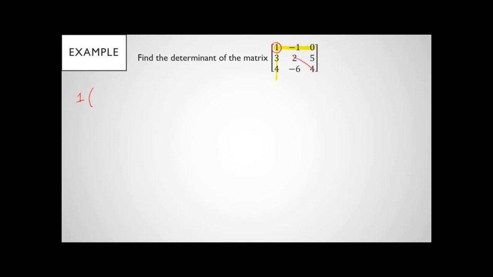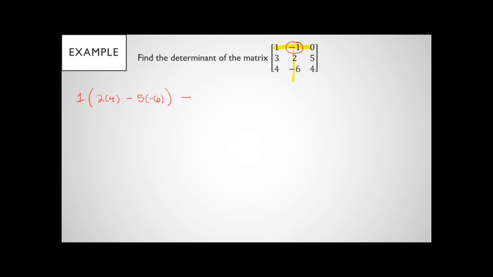So I'm going to do 2 times 4 minus, and the 2x2 determinant is always subtraction, 5 times -6. Then I know my next one is going to be minus, because the pattern is always positive, negative, positive. This is the wonderful thing about using a tablet, or if you have erasable pens, you can just erase what you did so that you don't have to rewrite it.